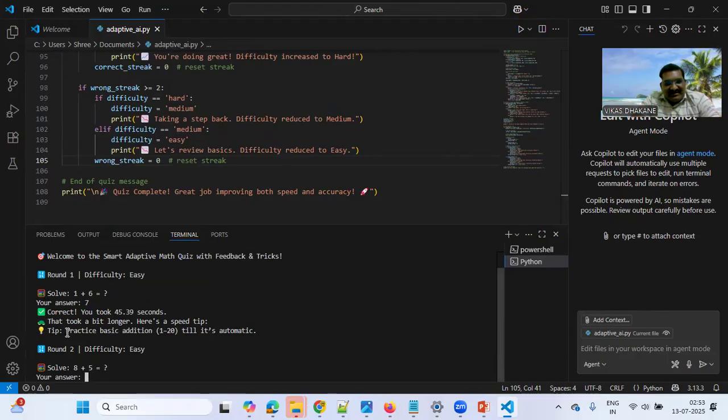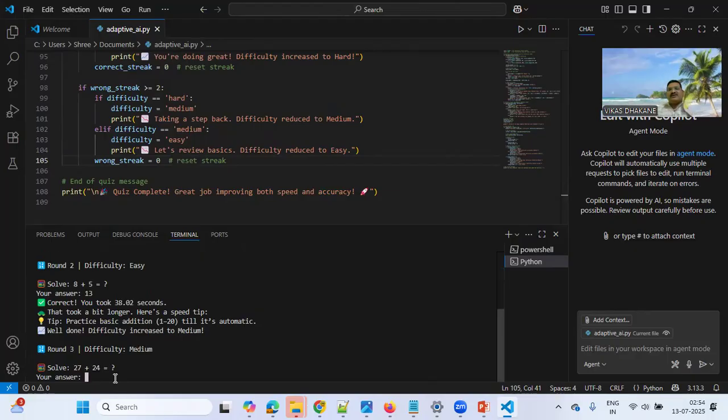So here it has also provided practice basic addition tricks. You can see the system has given tips on how you can improve your speed. Now next round, 8 plus 5, 13. We'll give the correct answer here also. Now after giving two correct answers, you can see the difficulty level has increased from easy to medium.